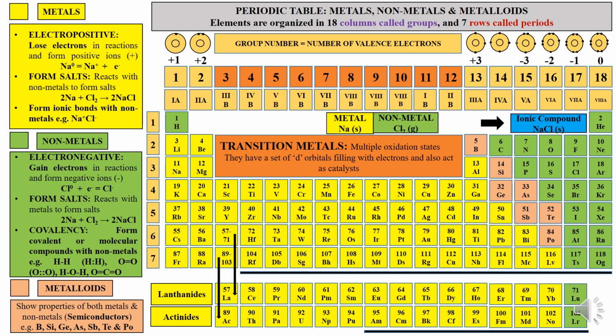Now you may be wondering, why have I not mentioned the valence electrons in case of elements from group 3 to 12? That is because elements from group 3 to group 12 have variable oxidation states.